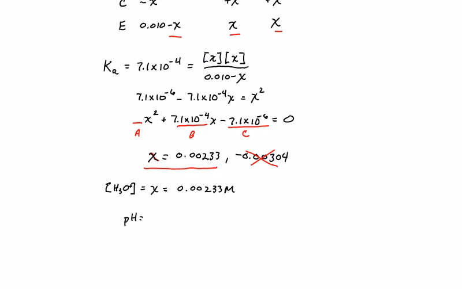Therefore, the pH is going to be equal to the negative log of that value. And the value that I get for the pH is equal to 2.63. And that's the answer. So that's how we deal with trying to calculate the pH of a weak acid system.